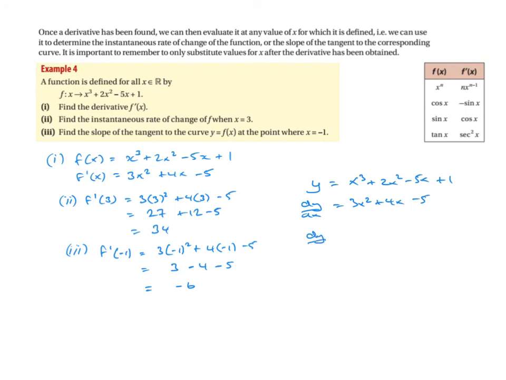But if I'm using this notation, if I want to evaluate an instantaneous rate of change or a slope to a tangent at a particular point, this is the notation I use. So x is equal to 3, and then what I do is put the 3 through. So it's 3 by 3 squared plus 4 by 3 minus 5, and then I'd carry on and finish it off as I did previously.